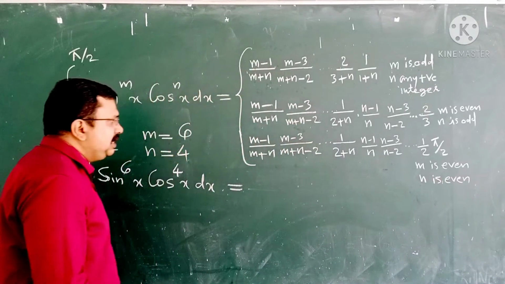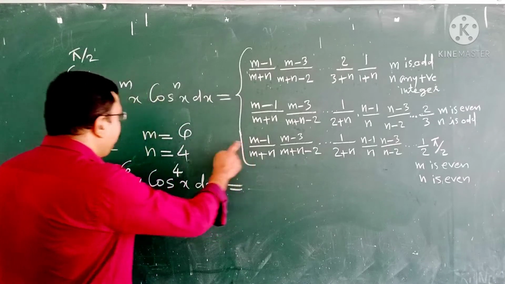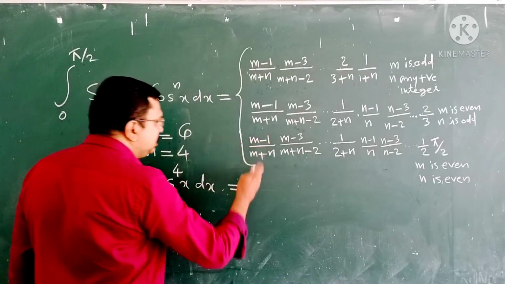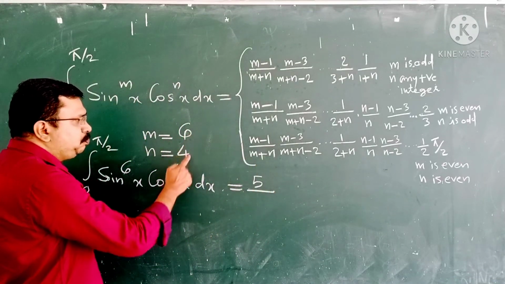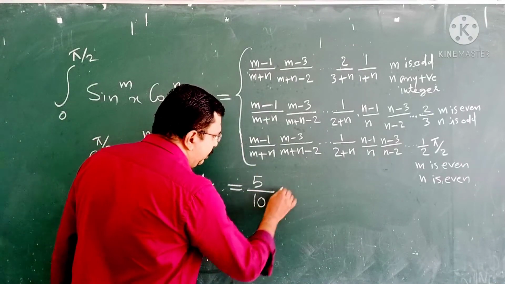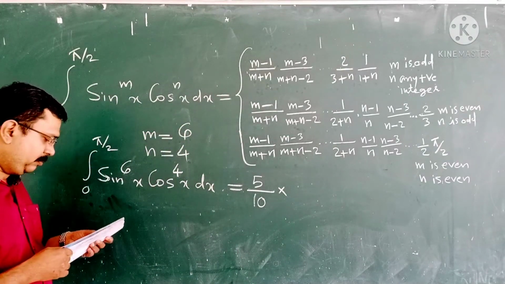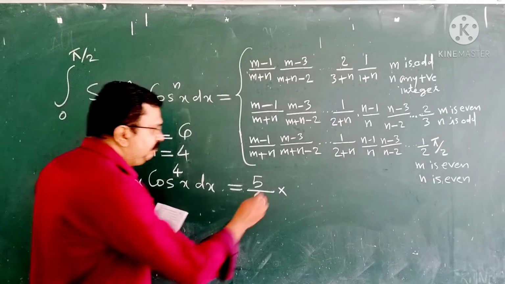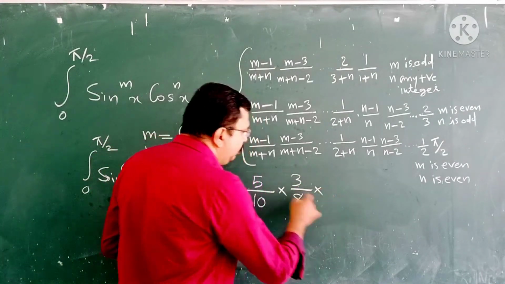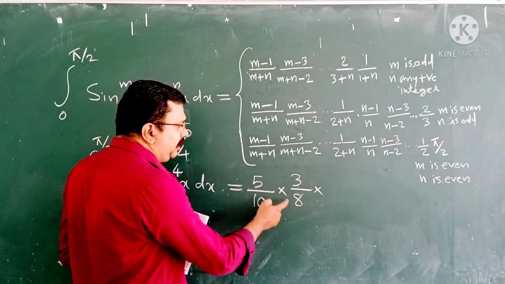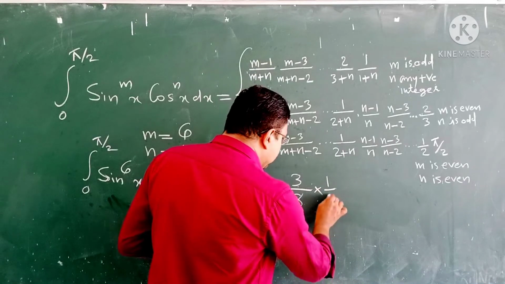Therefore our answer is m minus 1 by m plus n. What is our m? m is 6. 6 minus 1, 5 by m plus n, 6 plus 4, that is equal to 10, into, 2 is subtracted from numerator and denominator, then we will get 3 by 8, into, 2 is again subtracted from numerator and denominator, then we will get 1 by 6.